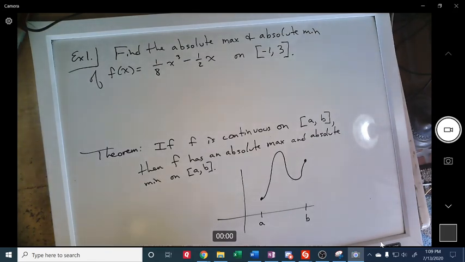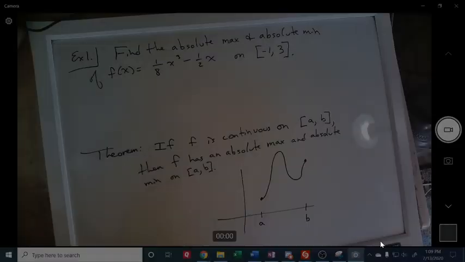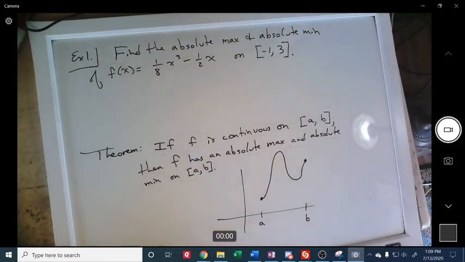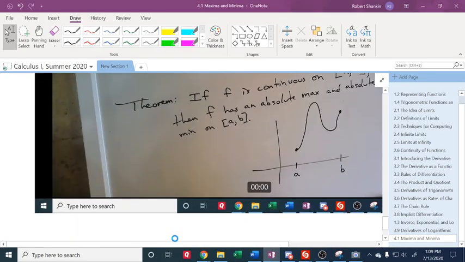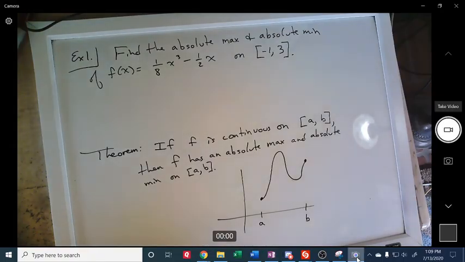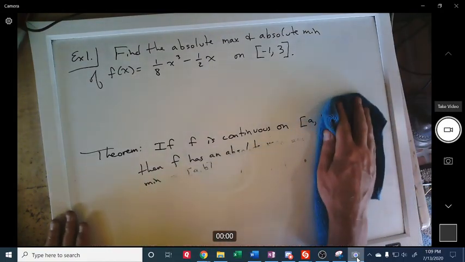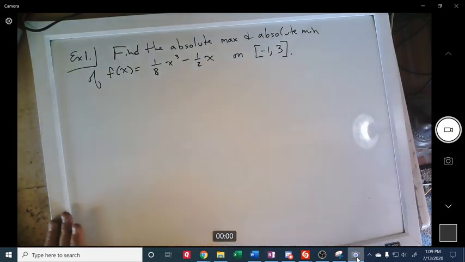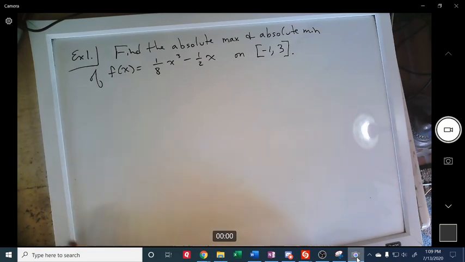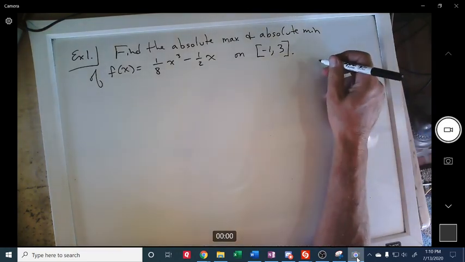So, let me print this. Let me erase this theorem. And before I start, let me make a little table.